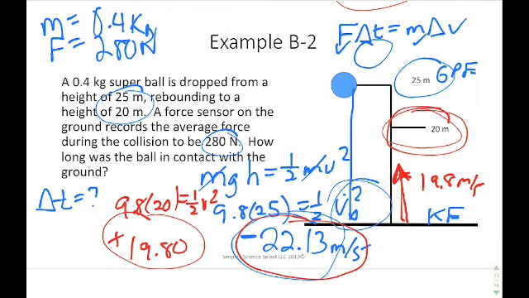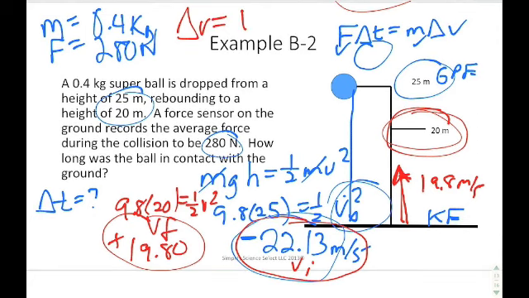We have to take our final velocity and subtract our initial velocity. So 19.8 minus a negative, which is plus a positive, 22.13, you have a change in velocity of 41.93.